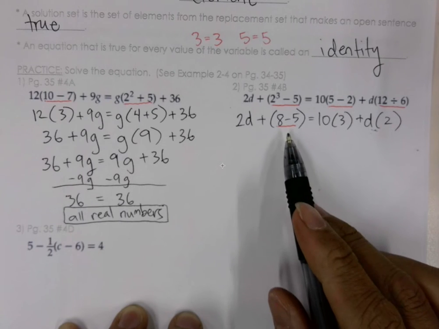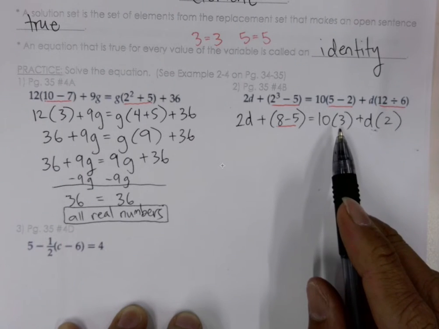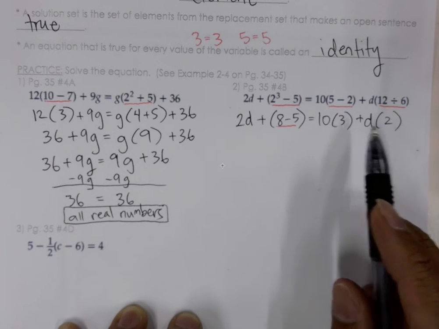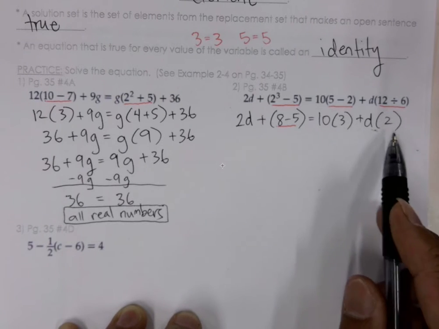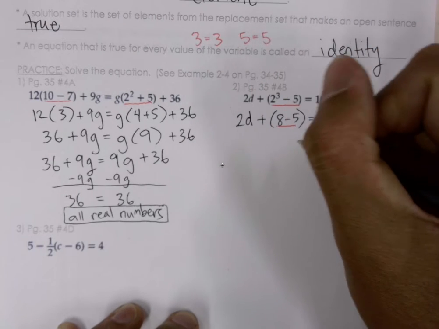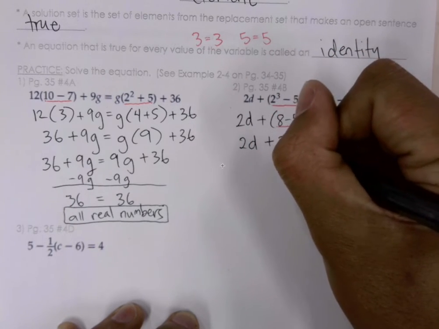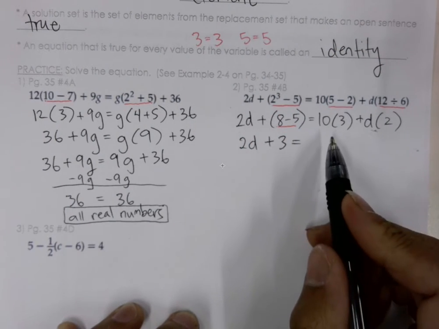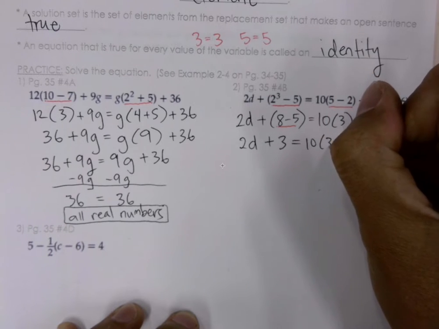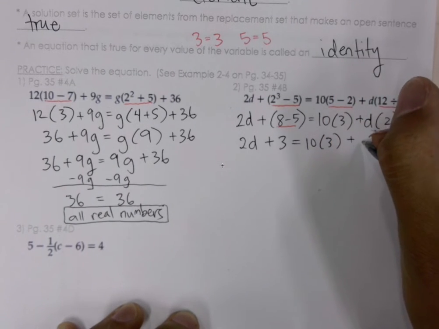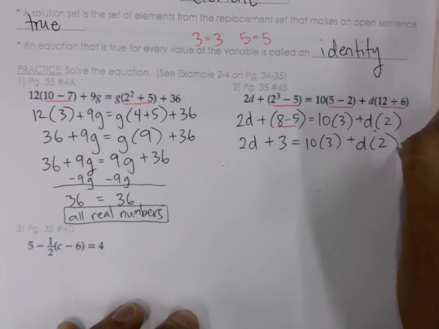We can perform the subtraction. Here in this parentheses, we can't simplify any further, so we'll leave those two alone. Let's rewrite our equation. 2d + 3 = 10 times 3 + d times 2.